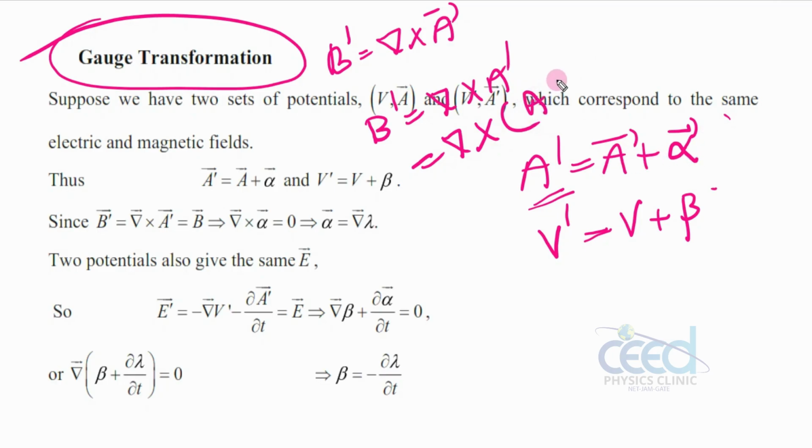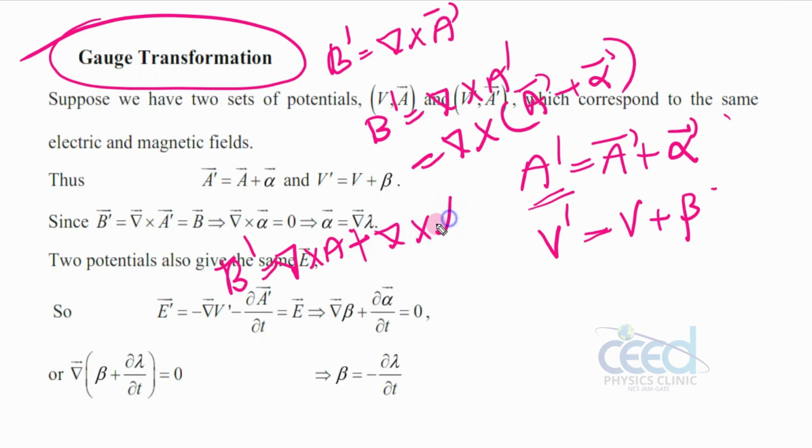So B dash is equal to del cross A plus del cross alpha. This is B dash is equal to B plus del cross alpha, because del cross A is B only, right? B dash is equal to del cross A dash. This is the formula.